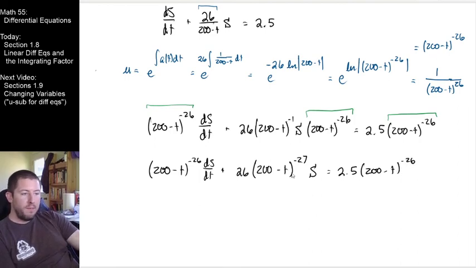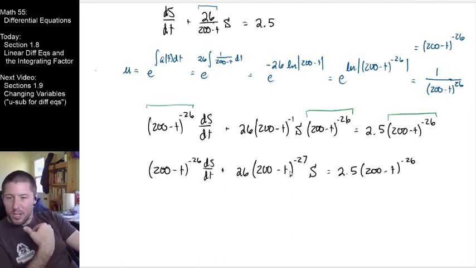And notice this feels exactly like how we get these terms out from derivatives, right? This looks like the derivative of that 200 minus t to the negative 26th. The negative 26th popped down, the negative popped out from the chain rule to make that a positive still, and we reduce the power by 1 to go from negative 26 to negative 27. This is exactly giving us our product rule expression right now.